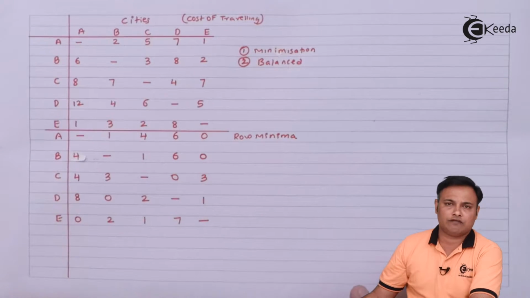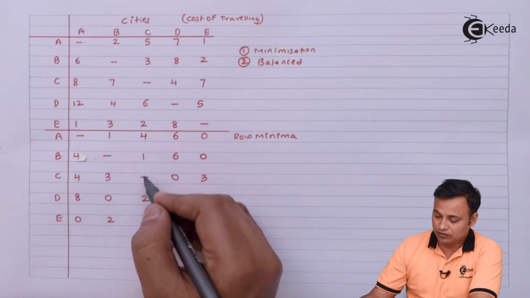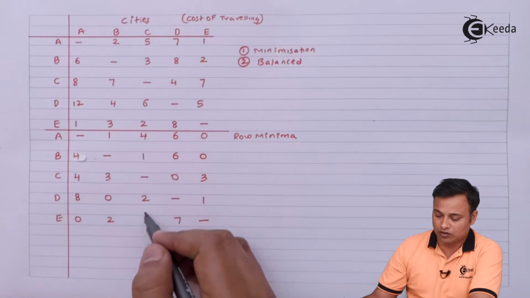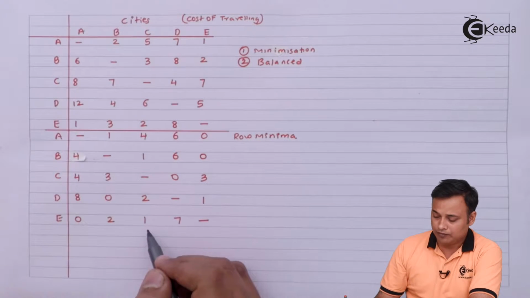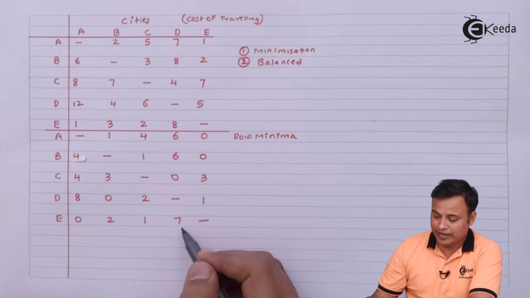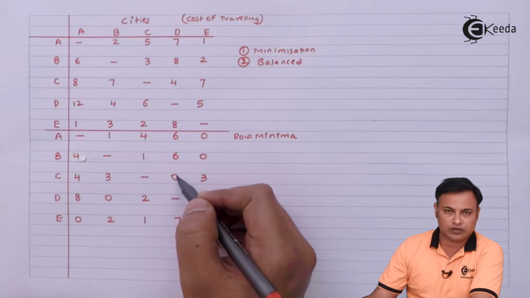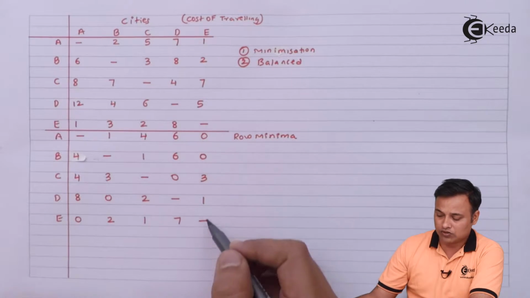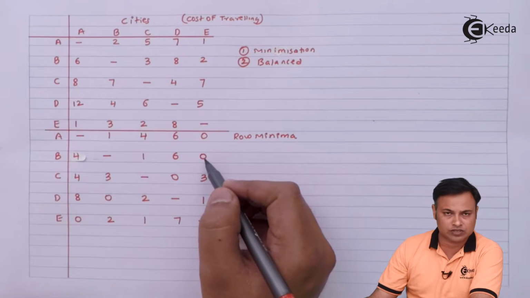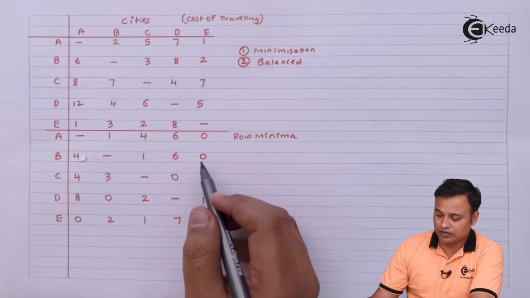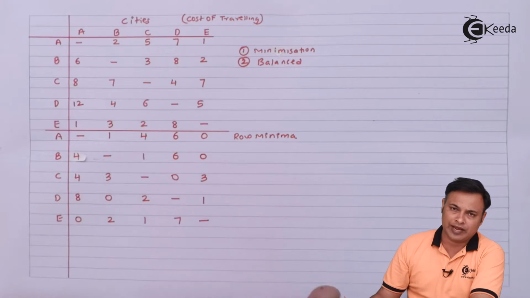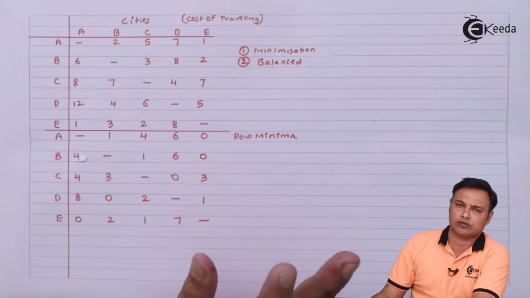In the third column, we have 1 as the lowest number. So I'll subtract 1 from all the elements of the column. And in the fourth column, I have 0 as the lowest number. And in the last column, again, I have 0 as the lowest number. So the fifth and the fourth columns will remain as they are because they have 0 as the lowest number.